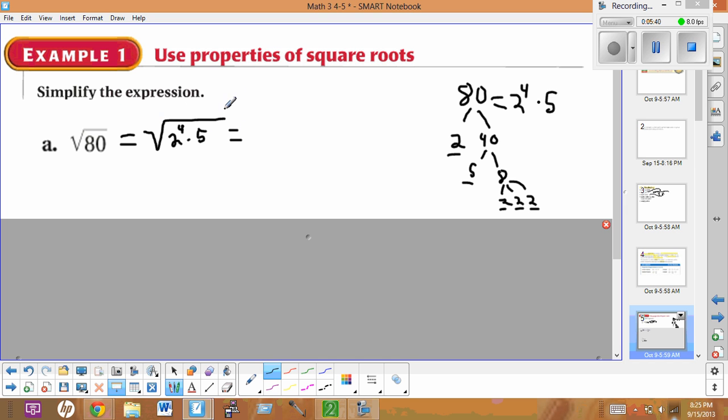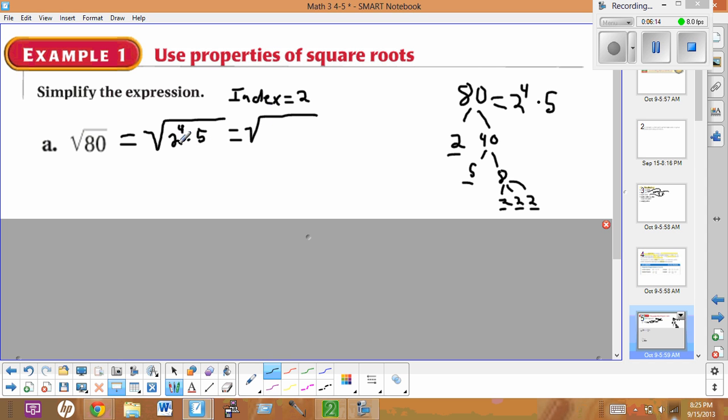Now since my index on a square root equals 2, and again it's a number that sits here, but we do not write them with square roots, I want to make everything inside to the power of 2. If I can do that, I can rewrite everything in the radicand to the power of 2, take the square root and move it outside.